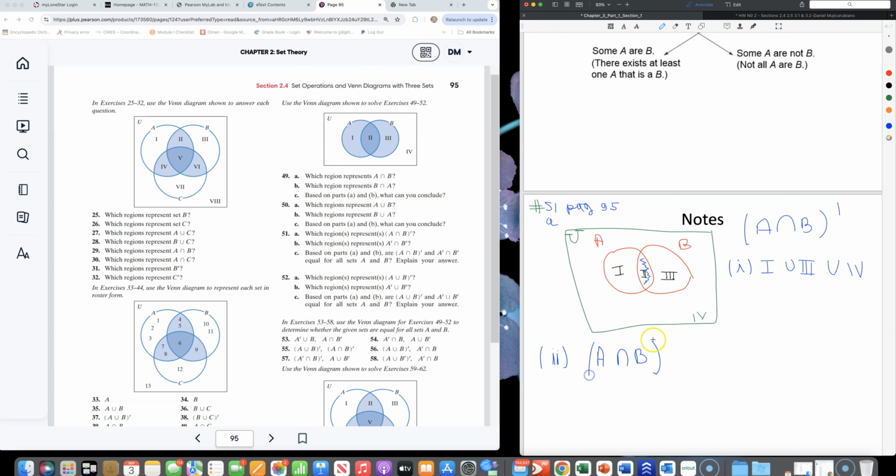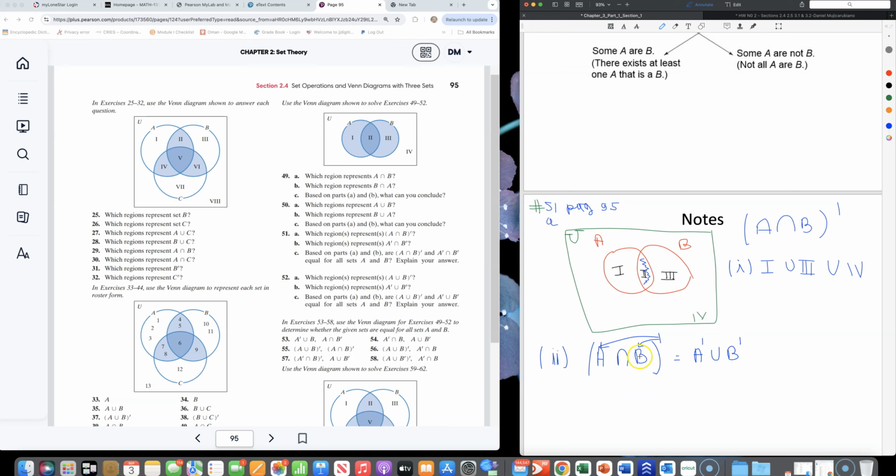Basically, you distribute the complement to each one of the sets, like applying the distribution property. You apply the complement to A and to B, so it's A complement and B complement, and the intersection is changed to union.